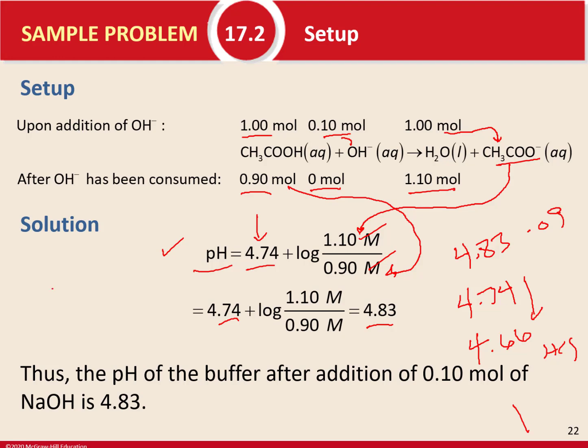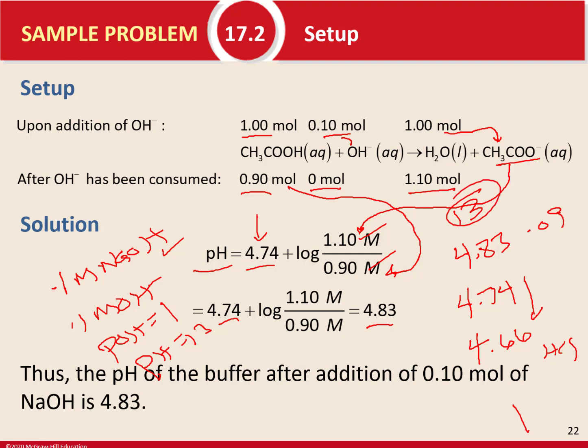But if we had 0.1 molar sodium hydroxide, which is a strong base, that would be 0.1 molar hydroxide ion, and the pOH for this would be equal to 1, and the pH would be equal to 13. So without the buffer, the pH would have jumped up to 13 in this situation. Because we had the weak acid there to absorb the hydroxide ion, the pH only jumped up from 4.74 to 4.83.